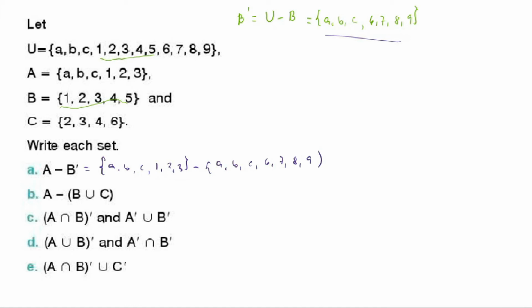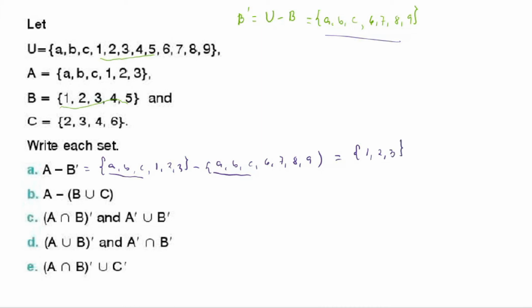So can we cancel A, B, and C? Yes. So this one will be canceled, and then the remaining elements in set A are 1, 2, 3. So therefore, that's our answer. We have A difference B complement whose elements are 1, 2, 3.